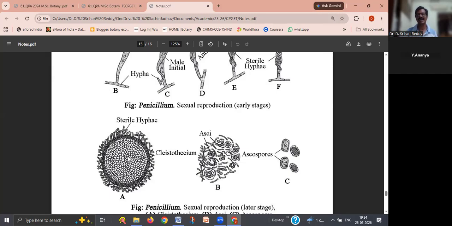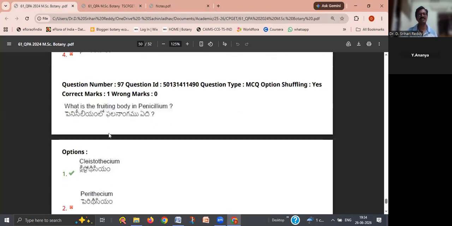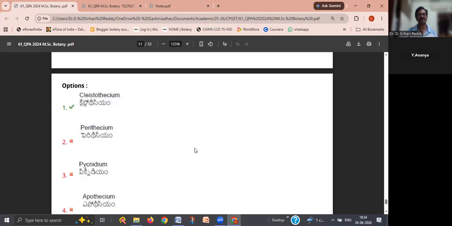In the ascus we find the ascospores. They are all present within the closed structure, the cleistothecium, which is formed in the sexual reproduction of Penicillium. That is the right answer: the fruiting body in Penicillium is cleistothecium. Okay, next.